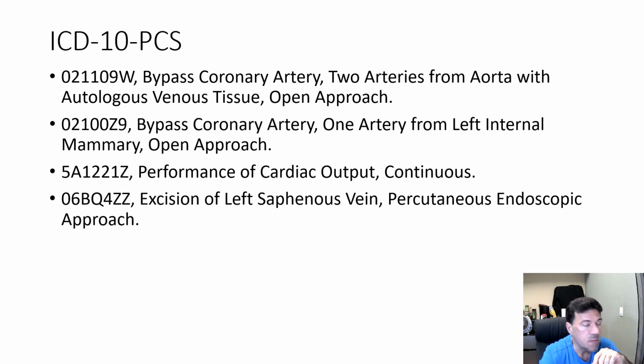And then the cardiopulmonary bypass: they have to arrest the heart, so they have to use cardiopulmonary bypass. And then the harvesting of the device, the Saphenous Vein Graft on the left lower extremity: they had to excise a portion of that vein, and it was used as a graft. It was excised endoscopically. So that's the other code right here.